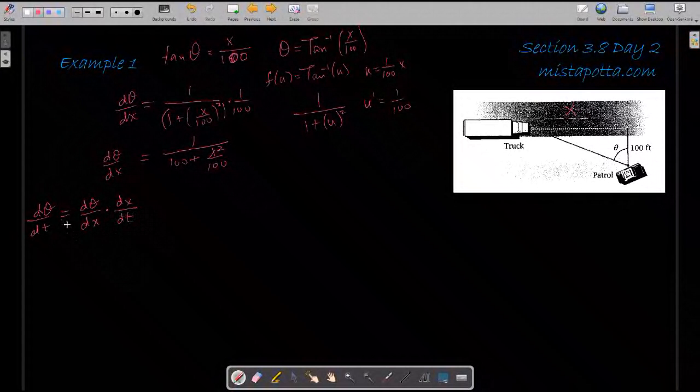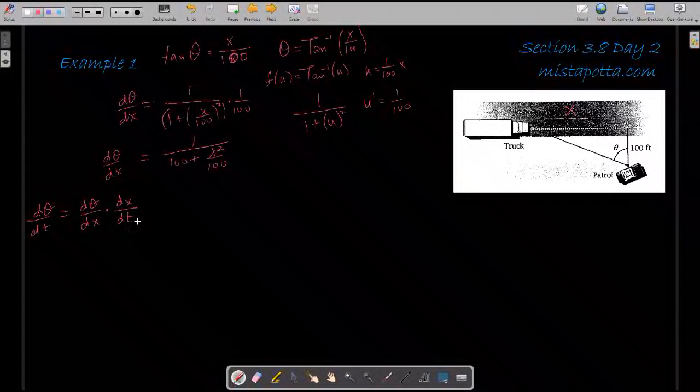So what I notice here from the chain rule is that the change in theta over time is equal to the change in theta over the distance between the truck and the point on the highway times that change in distance over time. But of course, the change in distance over time we call speed.